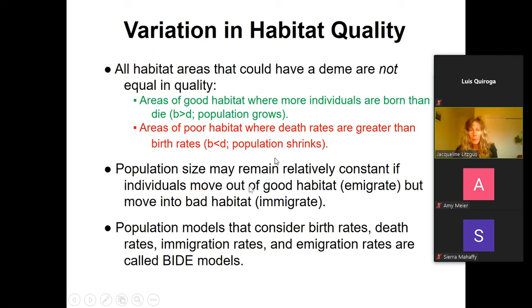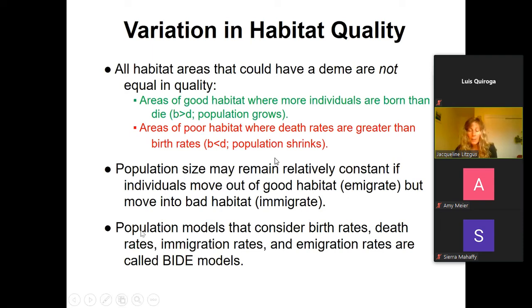Individuals will emigrate out of the good habitat because it gets pretty crowded. If your birth rate is bigger than your death rate and the population is growing, there's not a lot of elbow room. So individuals will move out of the good habitat and immigrate into the bad habitat because there's more space there, although the habitat's kind of crappy. And so you're going to have this balancing of emigration and immigration.